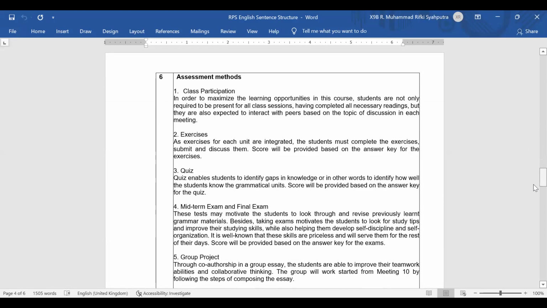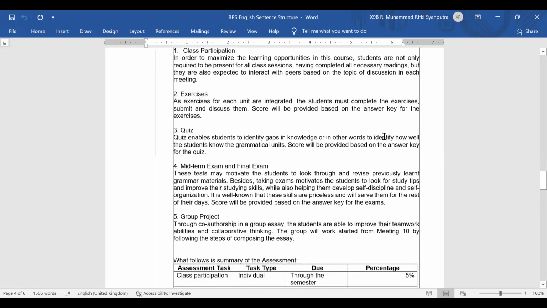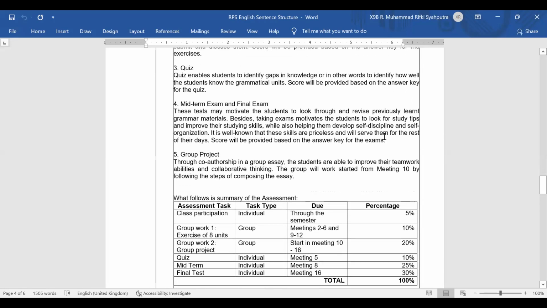So we have class participation, then exercises, quiz, midterm exam, final exam, and group project. So the assessment, as we have seen, includes class participation, and then some exercises for the assignment in a group, and the quiz.